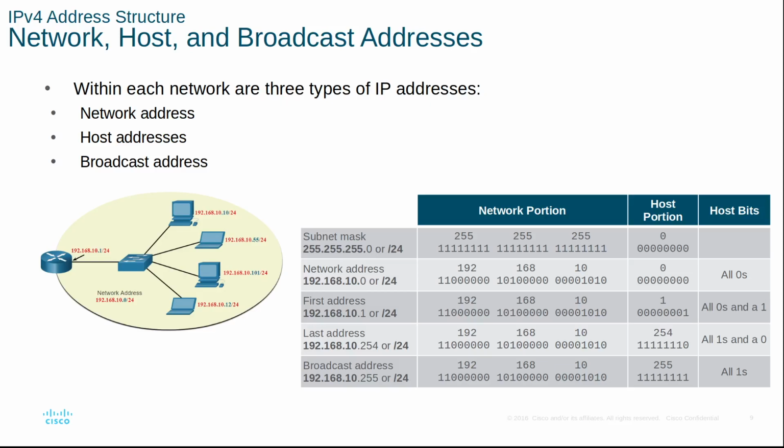The network address and the broadcast address cannot be assigned to devices, and they're unique addresses. In the network address, the host portion is all 0s, so it's commonly referred to as the all zeros. In the broadcast address, the host portion is all 1s, so it's commonly referred to as the all 1s address, or the broadcast address.